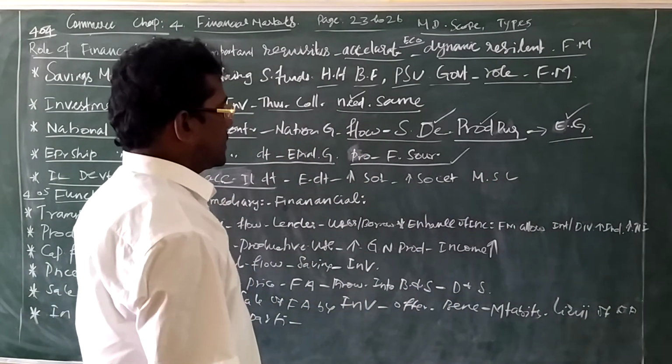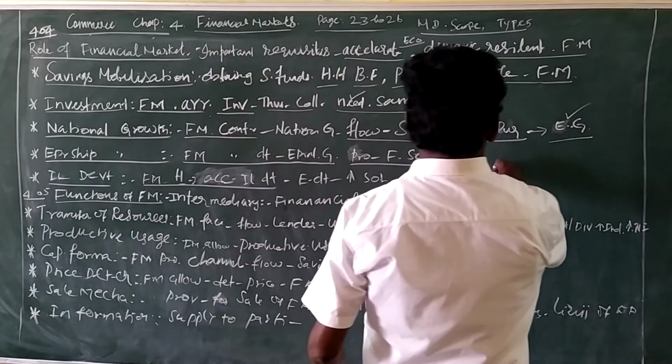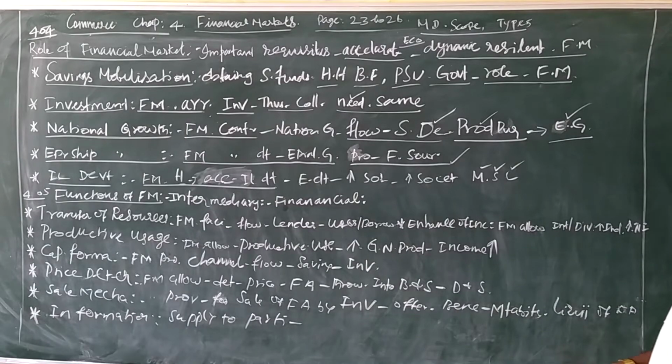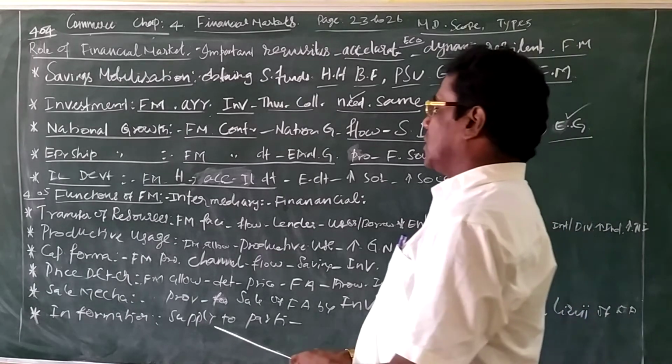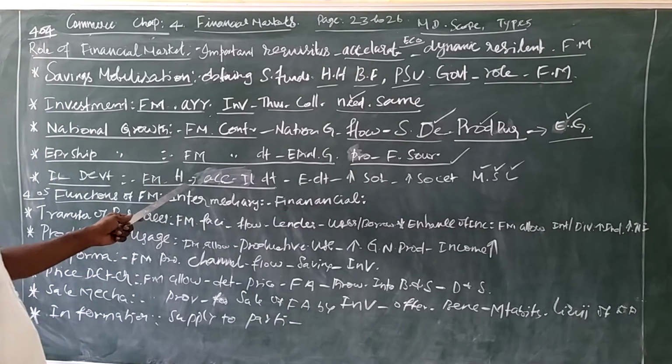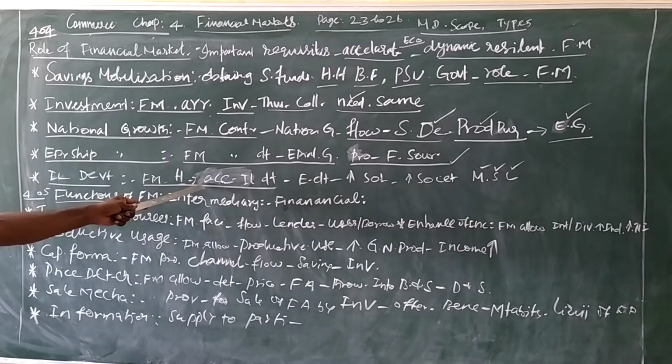Short term, medium term and long term sources of finance are provided by the financial market for a number of industries. It may be a cottage sector, or small scale, medium scale or large scale industries.